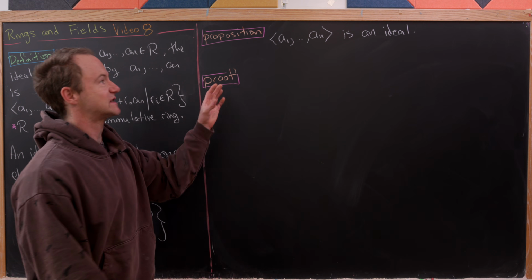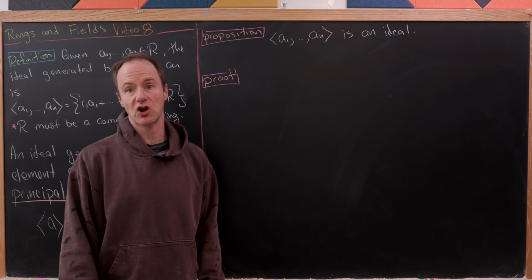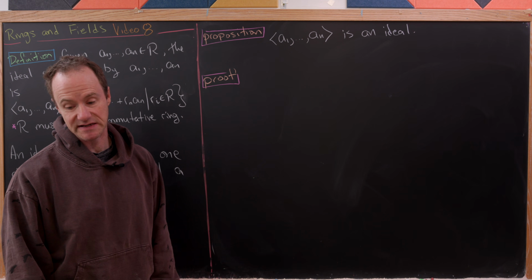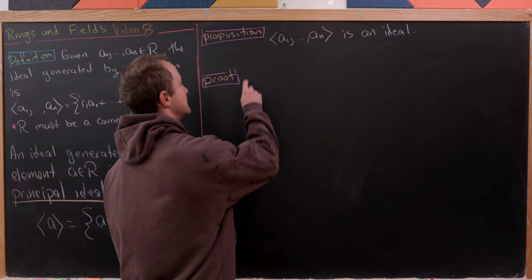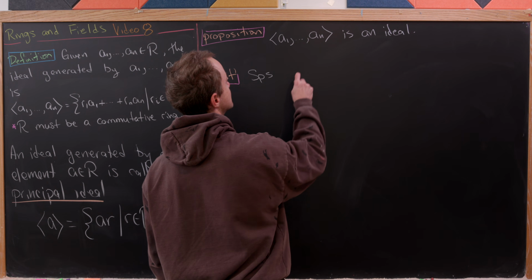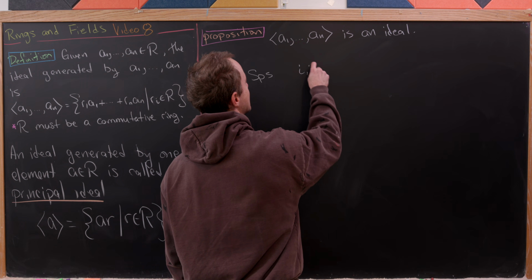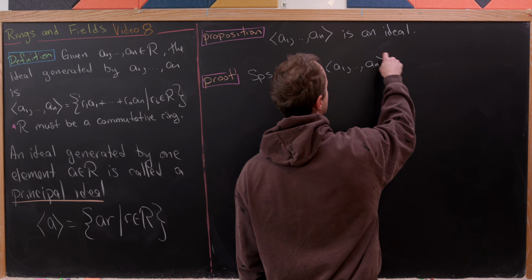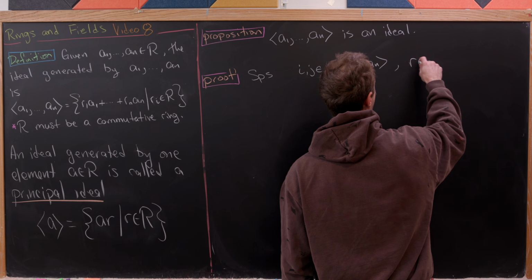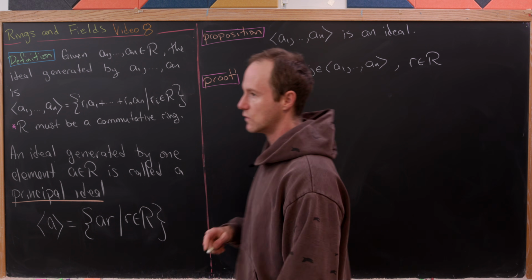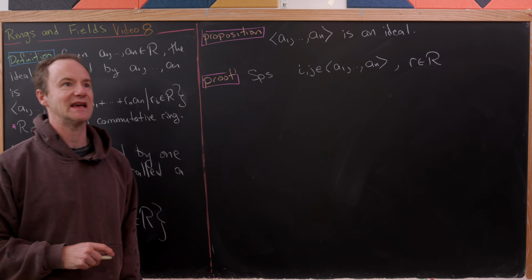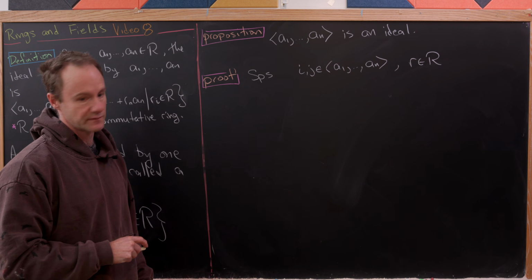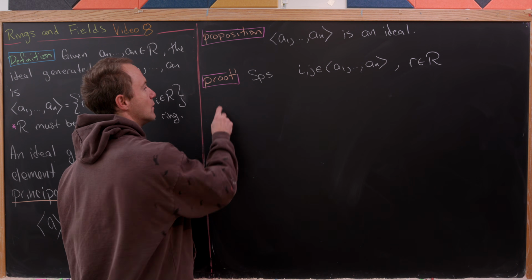Okay, so now I'd like to prove that in fact, this structure does give us an ideal. Okay, so let's get to it. Let's suppose we have i and j inside of the ideal generated by a1 up to an, and we have r inside of R. So what we're going to do here is use the ideal test that we just proved. Okay, but what does that tell us?